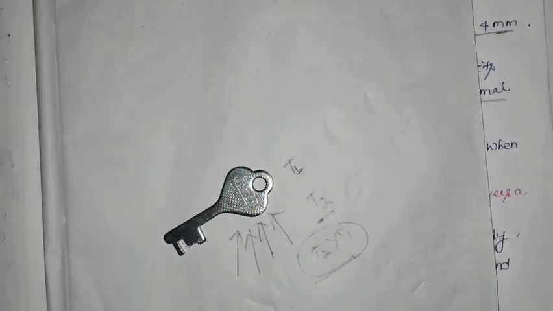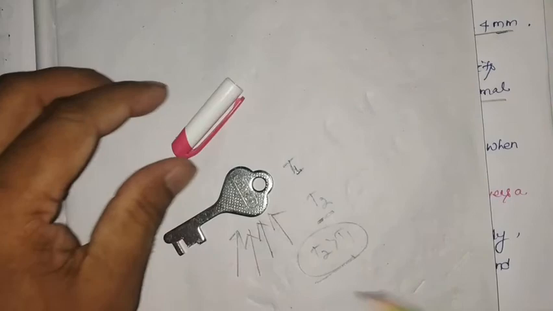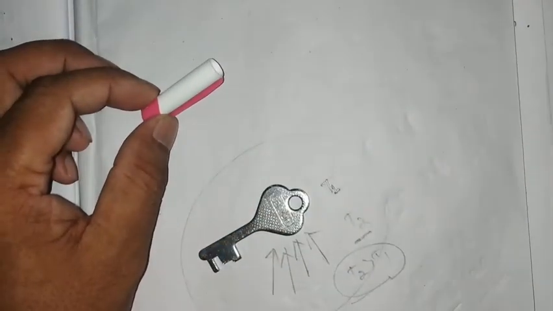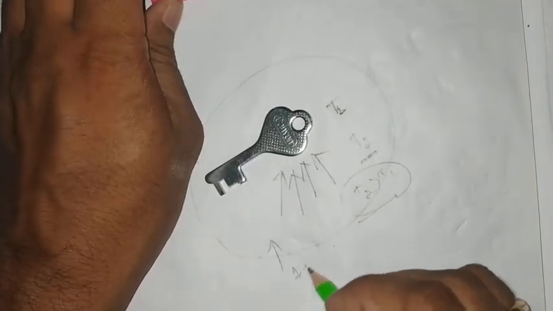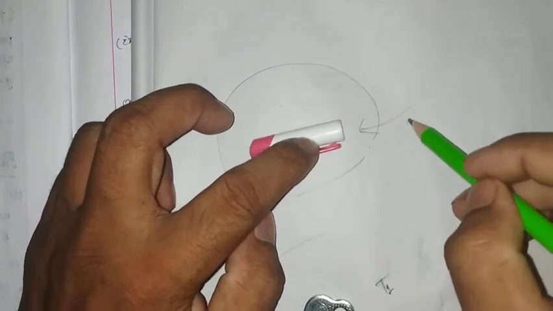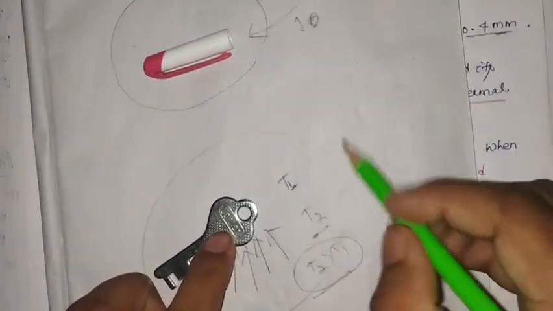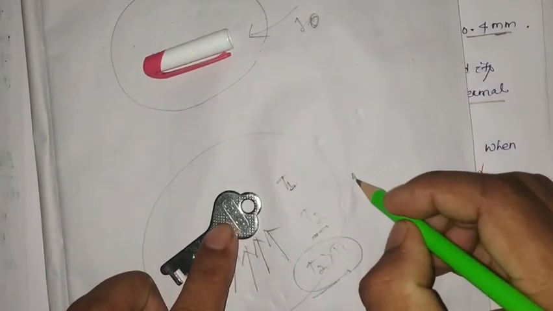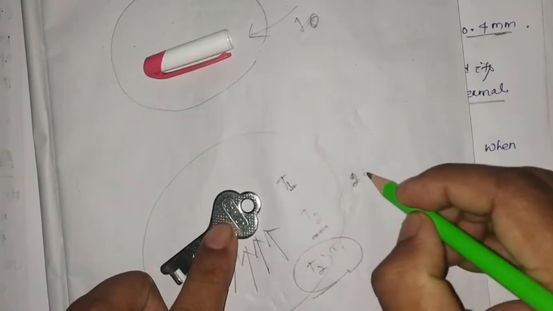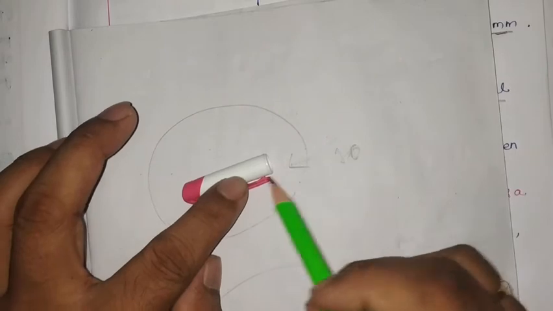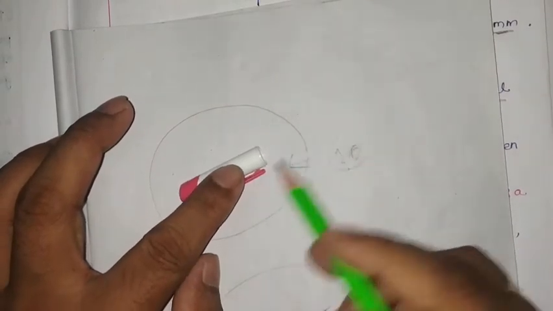Suppose these are two materials, and I give 10 units of heat to each. Suppose this material absorbs the 10 units in 2 minutes, but the other material takes 1 hour for the same amount of energy.